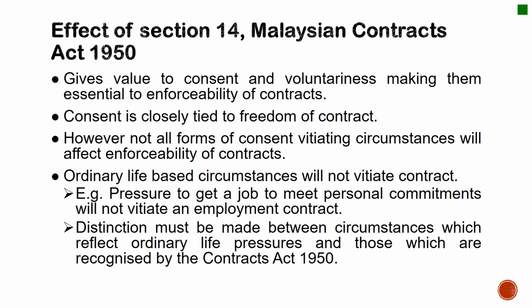So for example, if you go to work, pressure to get a job, to meet personal commitments, this would not vitiate the employment contract. You can't go out there and say, oh, I want to avoid my employment contract because I was forced to find employment because I wanted to buy that iPhone. So that would not work because those are acceptable pressures. So it would not vitiate.